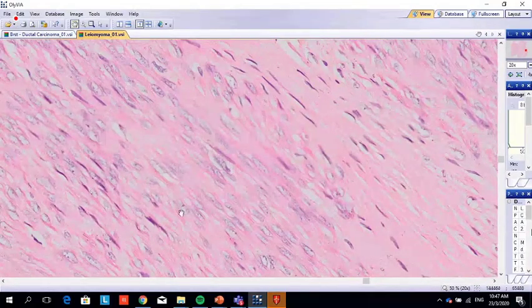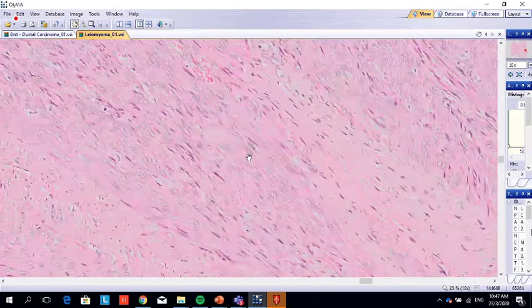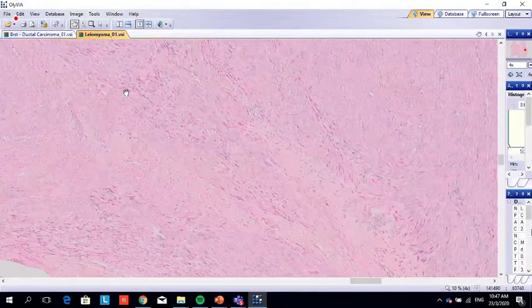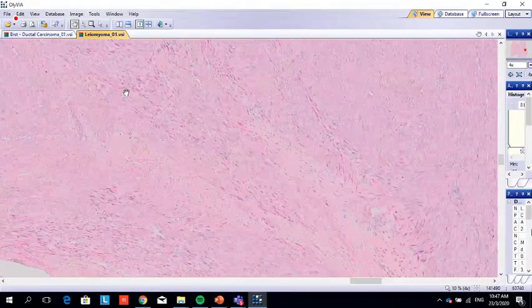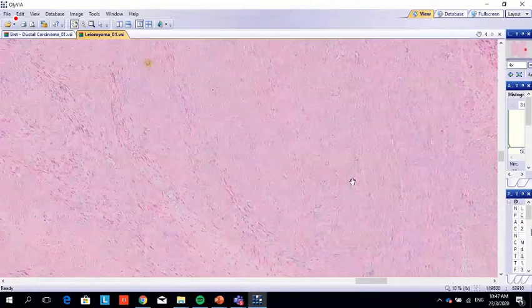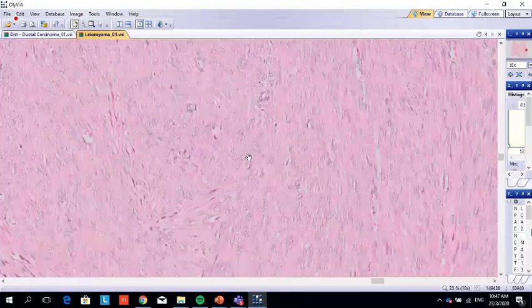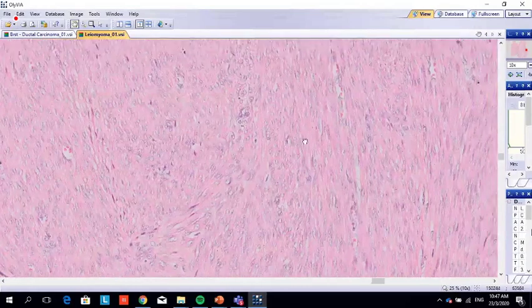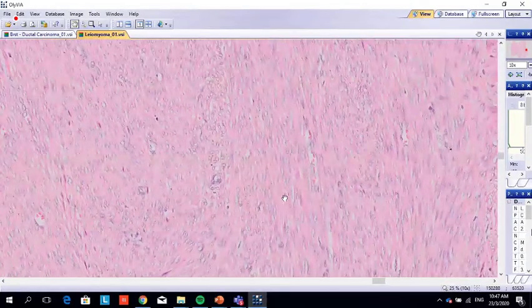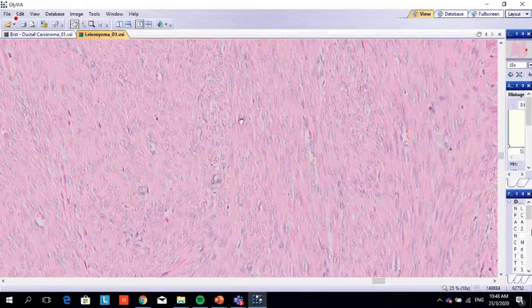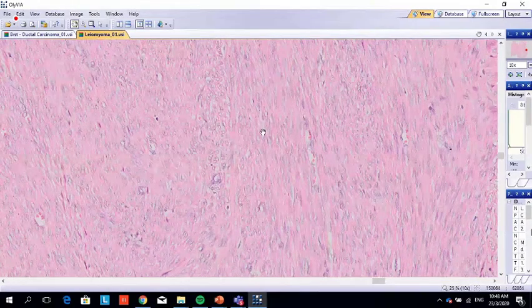No polymorphism, no atypia, no hyperchromasia. Mitosis in leiomyoma is acceptable up to 5; 5 mitoses is okay, we still say benign leiomyoma. Mitosis is not the main difference between benign and malignant. The difference between leiomyosarcoma and leiomyoma has many criteria.